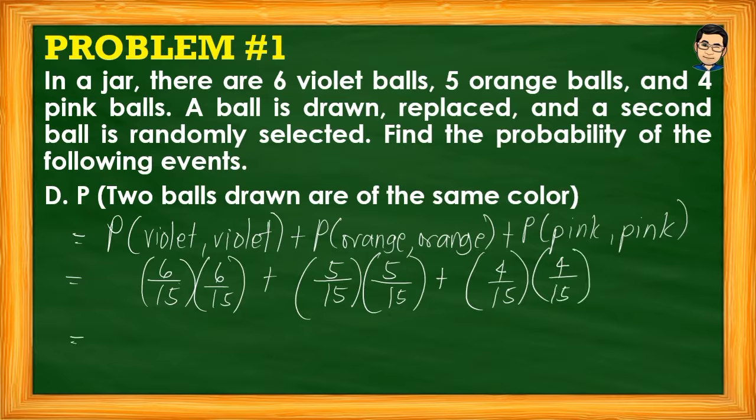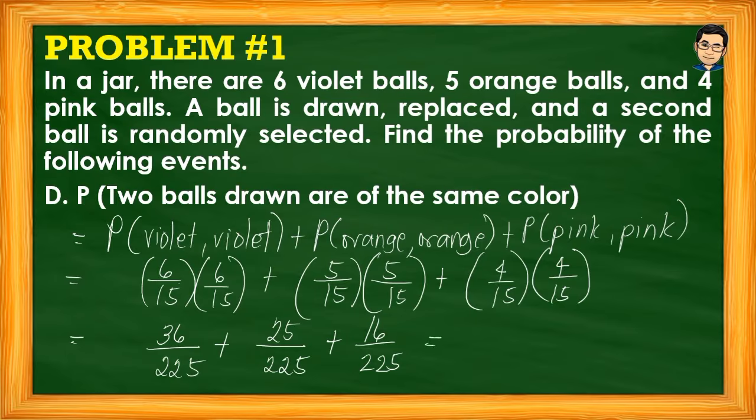So, dito tayo sa violet. So, 6 times 6, that is 36. Over 15 times 15, that is 225. Plus, dito naman sa orange. So, 5 times 5, that is 25. Over 225. Plus, dito naman sa pink, 16 over 225.